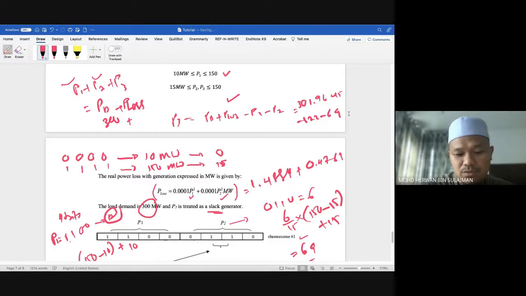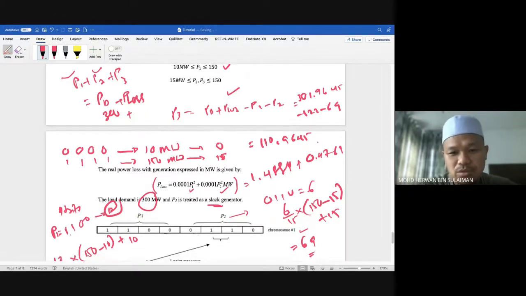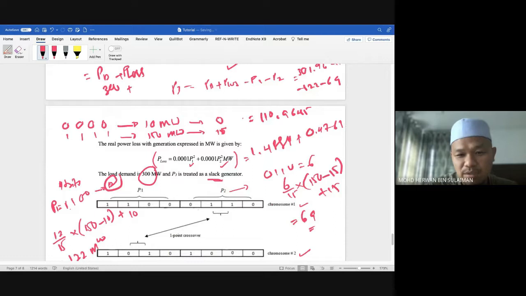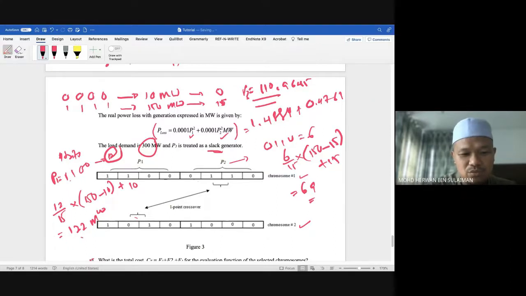P3 is 110.9645. Okay, so that is your result. So now you obtain your P1, P2 and P3.